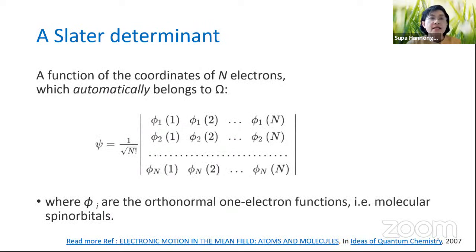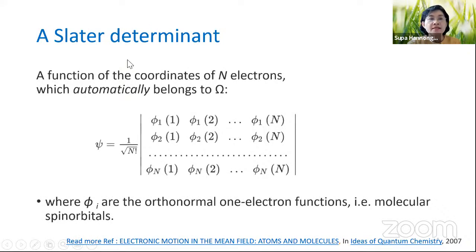And next, the Slater determinant. The Slater determinant is a function of the coordinates of the number of electrons, if we call it n electrons, okay? So you can see that in molecules, there are so many electrons. And so we need to construct the functions which represent all electrons in the system.